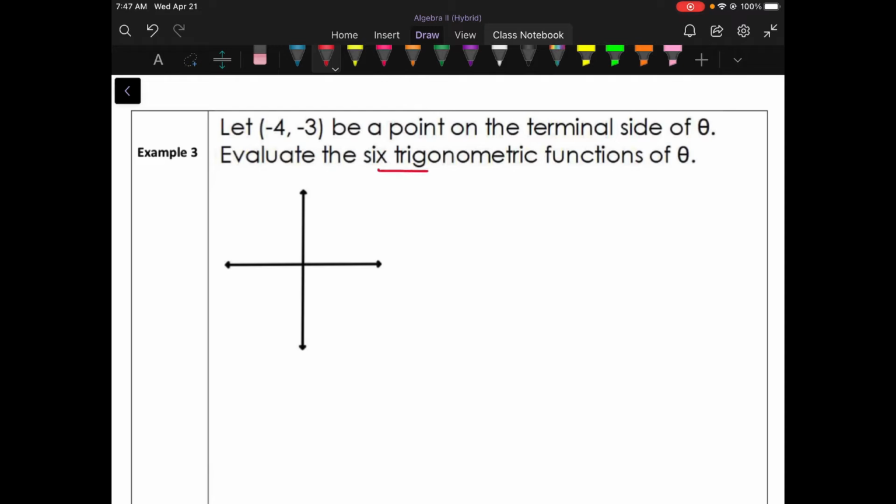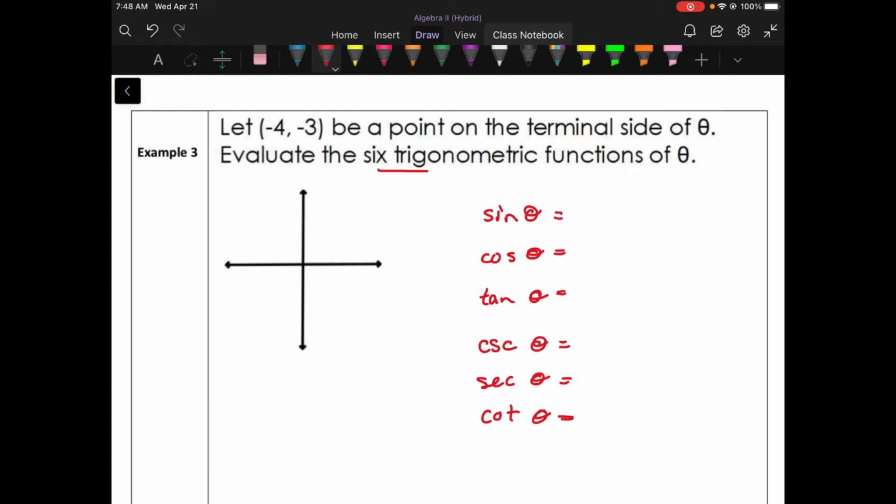So we're looking for the 6 trig functions. I'll just go in order: sine, cosine, tangent, and then their partner functions, cosecant, secant, and cotangent. Now they give us the point.